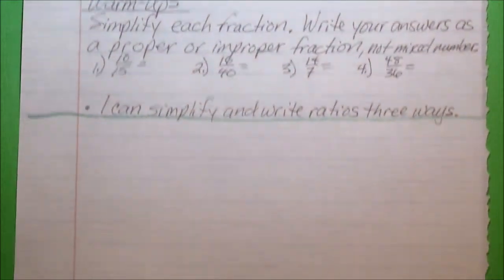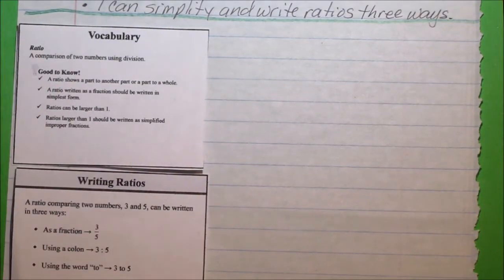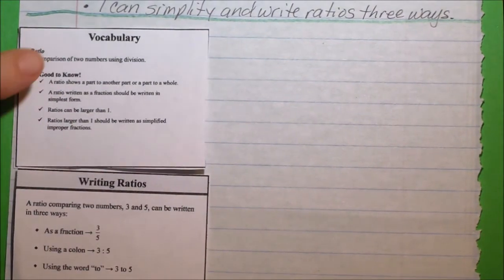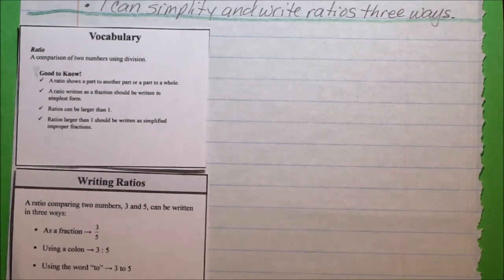All right, so I have two sets of glue-in notes. We'll put them in the upper right, one right under the other, with the vocabulary one first and the writing ratio one underneath the vocabulary.